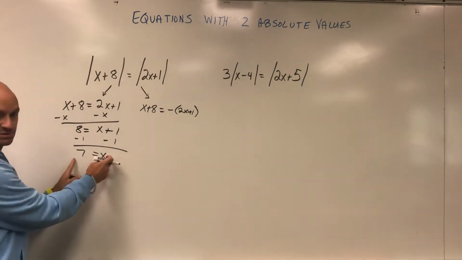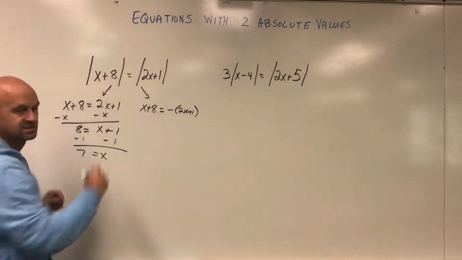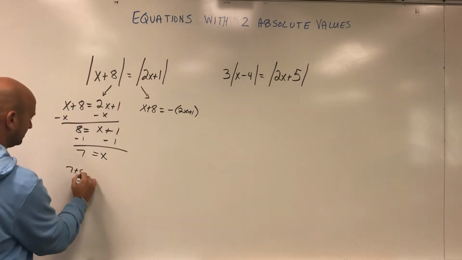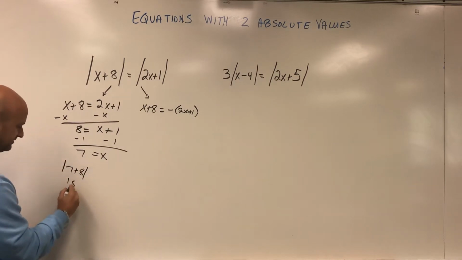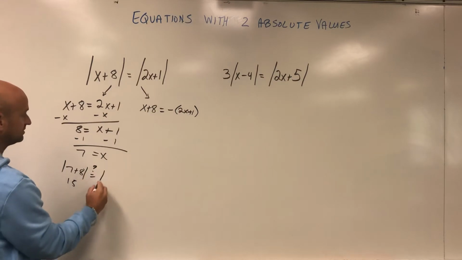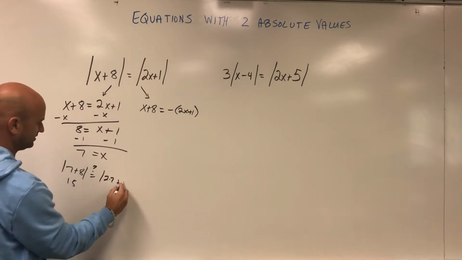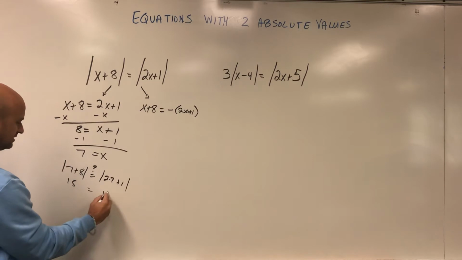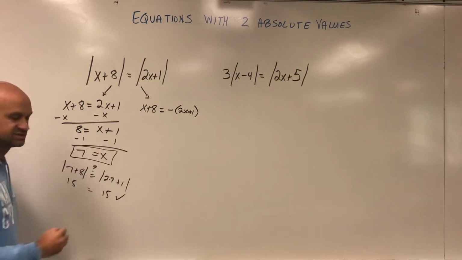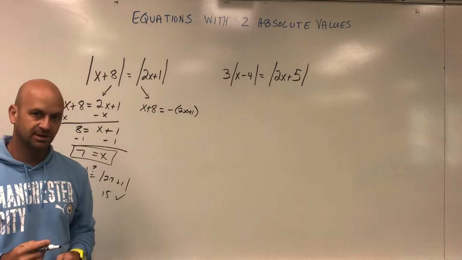Although we get a solution here, it may not make this particular equation true. So if I have 7 plus 8, the absolute value of 15 is 15. And over here, 2 times 7 plus 1, that's 15. So 15 equals 15 is true, and this would be one of the solutions to this absolute value problem.